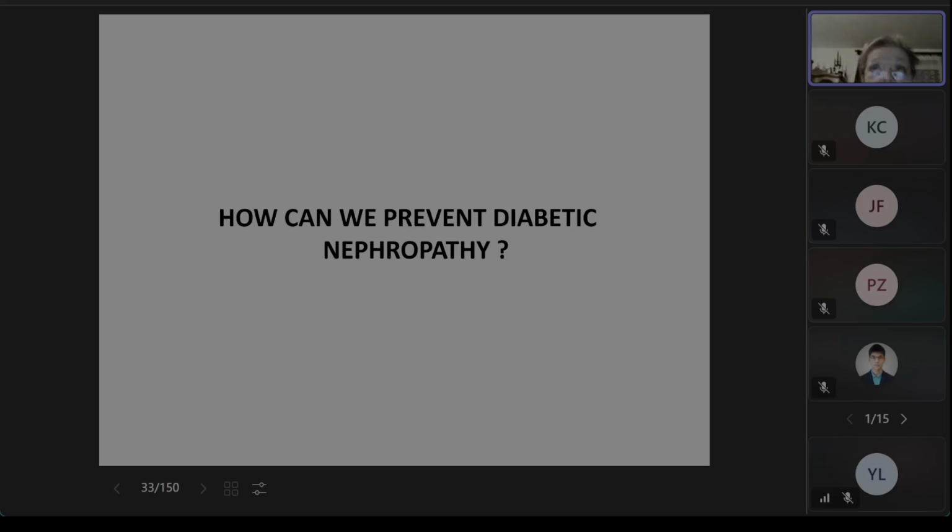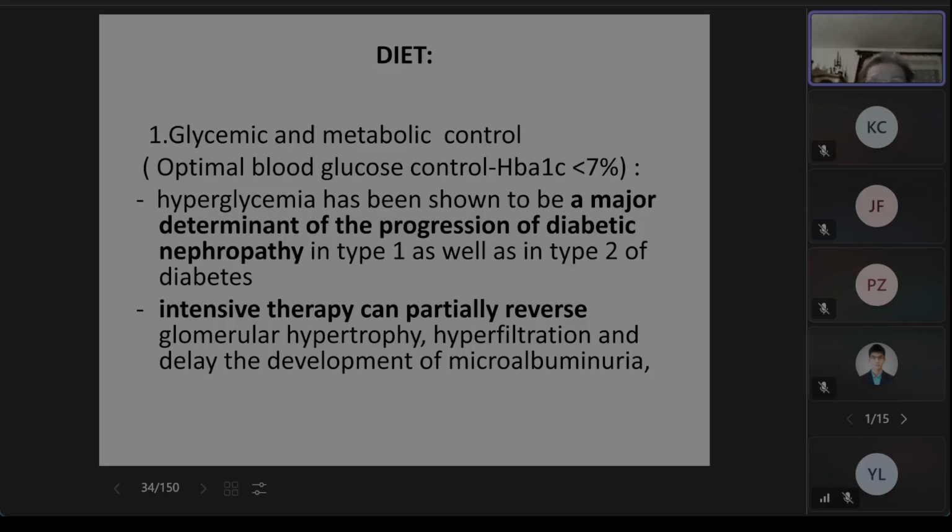Another point very important for us, for clinical doctors, is if we are able to prevent diabetic nephropathy. And the answer is yes. The crucial thing is a good glycemic and metabolic control.